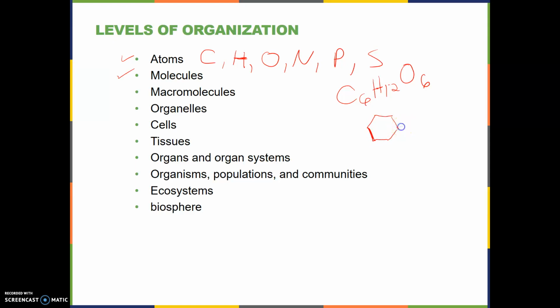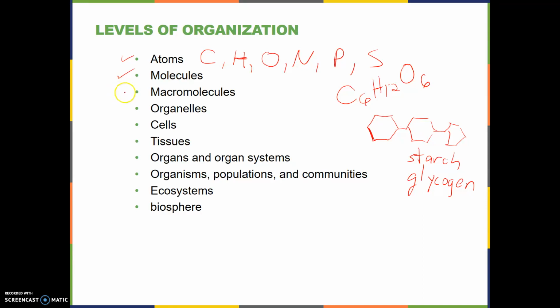But when glucose forms long chains, they are called starch in plants and glycogen in animal cells. We will talk a lot more about this in chapter 3, but those are macromolecules.